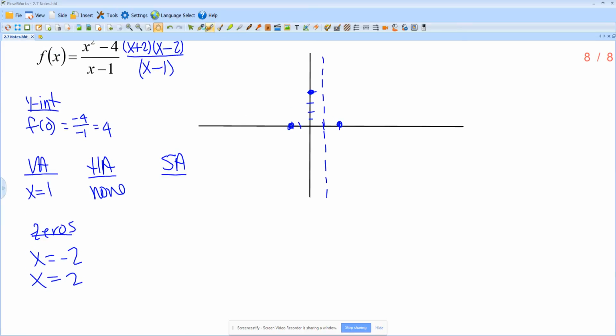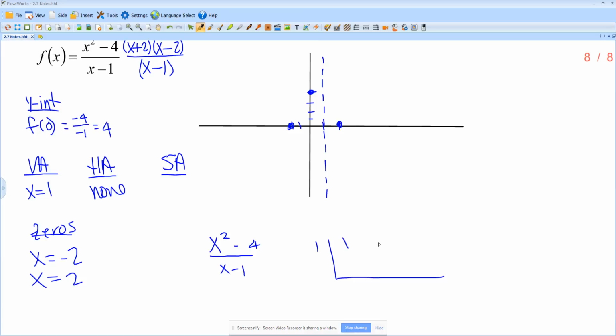The slant asymptote can be found from the division of x squared minus 4 divided by x minus 1. Because I'm dividing by x minus 1, I can do synthetic division by 1, since this is like a linear thing.